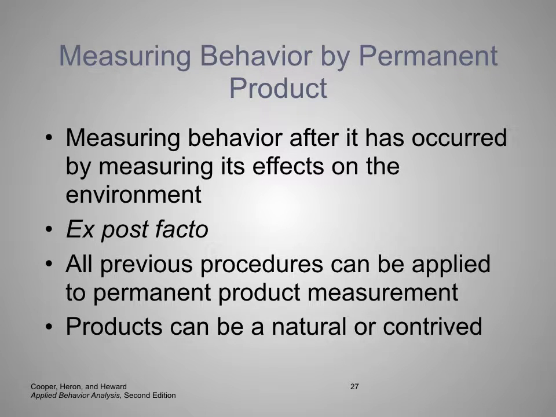Sometimes the behavior can be measured by permanent product. This is not an observation-based method, but it's frequently used. Measuring behavior after it has occurred by measuring the effects that the behavior produced on the environment is known as measurement by permanent product.